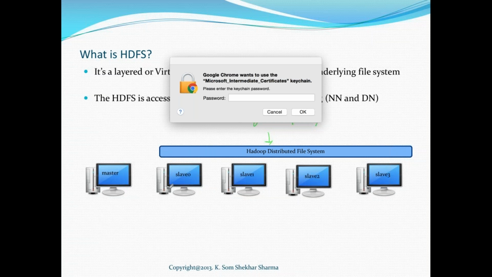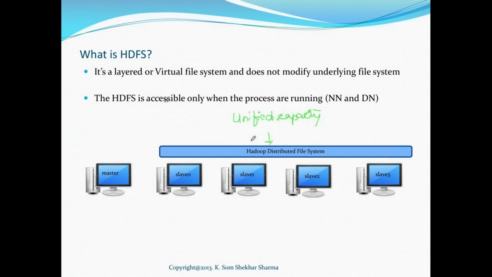For example, how does it calculate unified capacity? dfs.datanode.data.dir is the value you give, right? Some value you give where you want to create it. So you give some value, let's say /mnt/ebs0. In the same configuration file you have given /mnt/ebs0, basically a mount point.